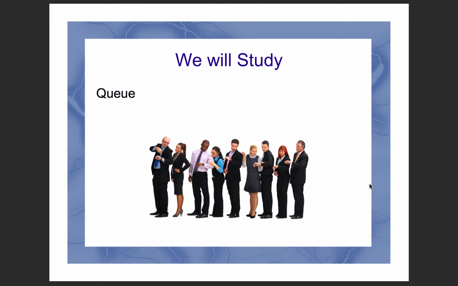A new person will come, and he or she will join at the back of the queue. The first person of the queue will get access first, before all other persons.